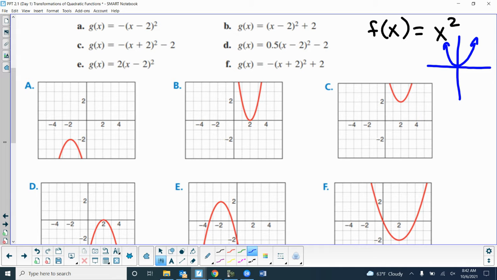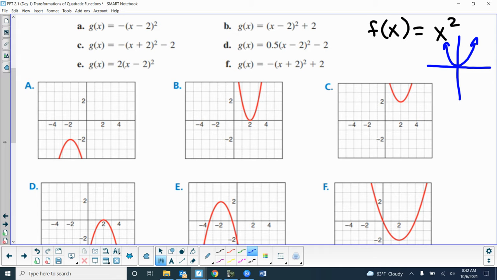So what does this inside tell us is happening? If it was an x minus 2 inside, it was going to move right 2, correct? So the negative sign out front flips it, and then the x minus 2 inside the parentheses means it's a horizontal shift to the right 2.